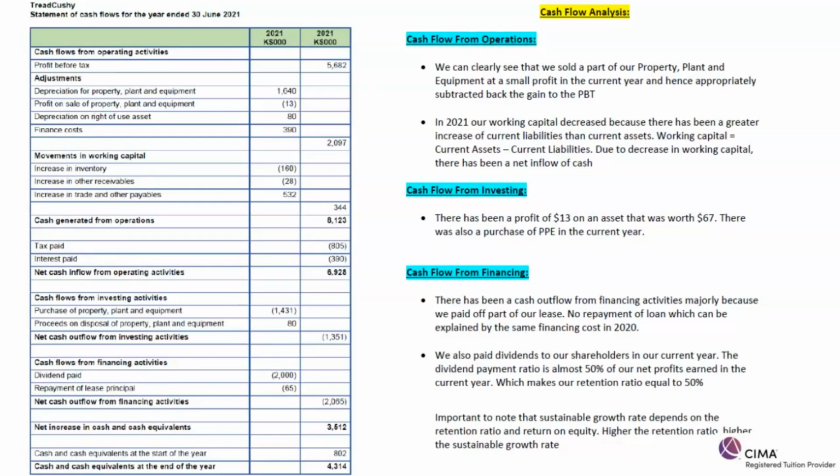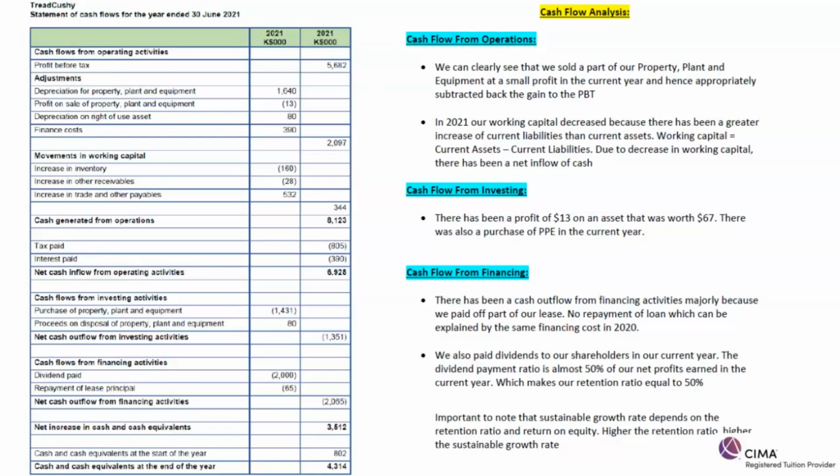Under the financing activities, you can see that a huge dividend of 2000 and then another three zeros was given. I'm just reading it the way they have provided it to us. So 2 million was paid out as dividend, and that mainly could be because of the need of our venture capitalist investors, private equity investors.